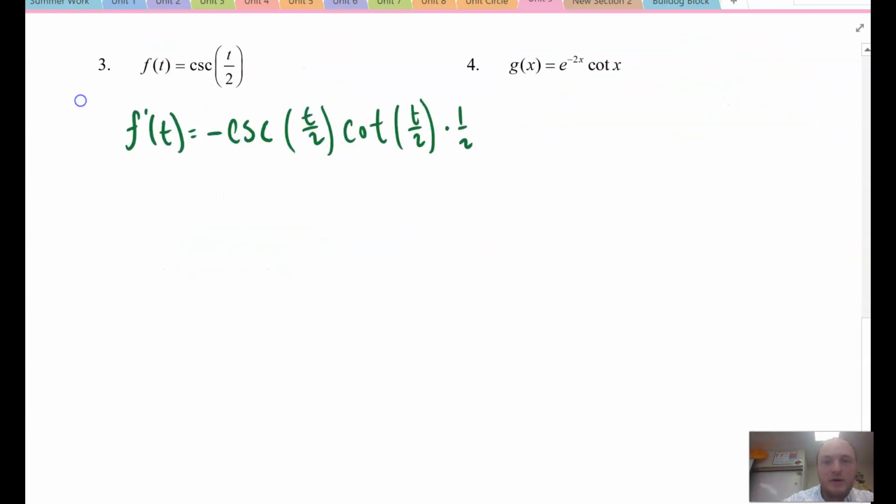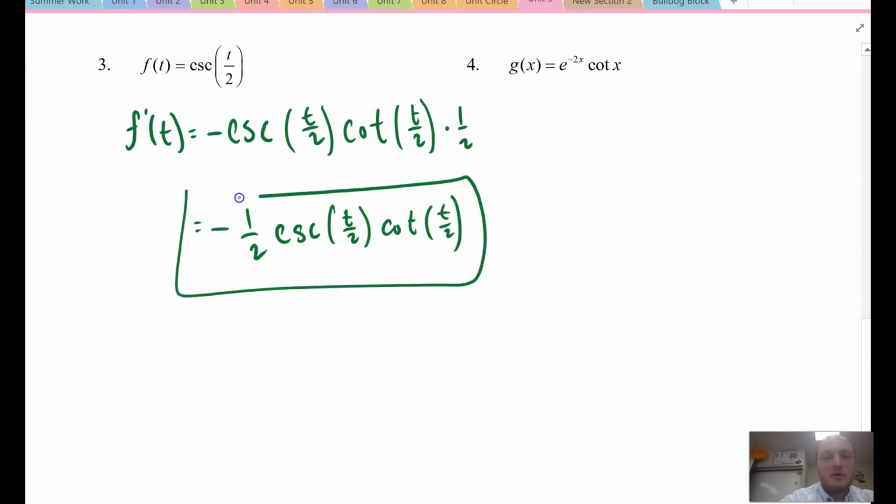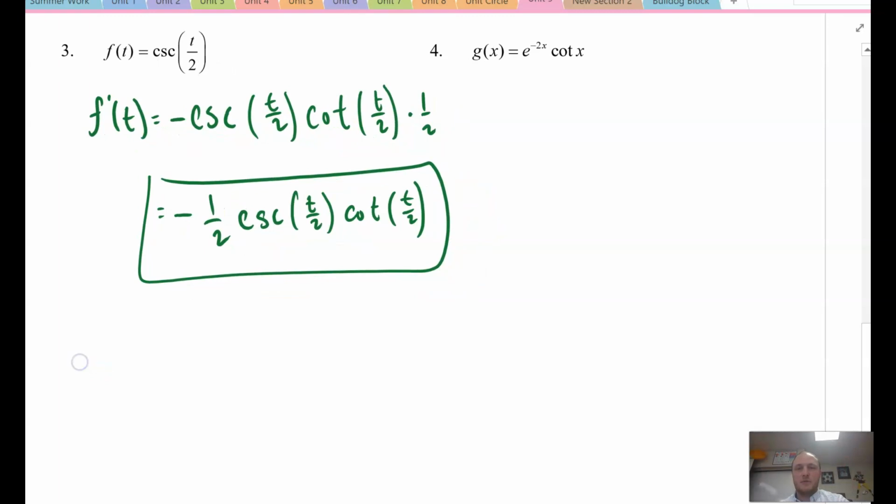And again, if you want to clean this up, we get negative 1/2 cosecant of t over 2 times cotangent of t over 2. All right, and there's f prime of t.